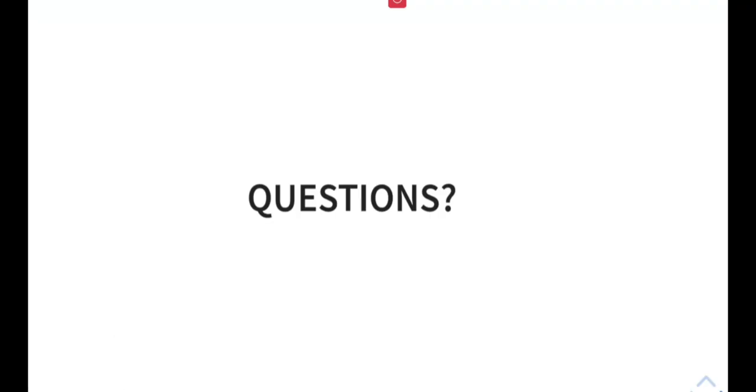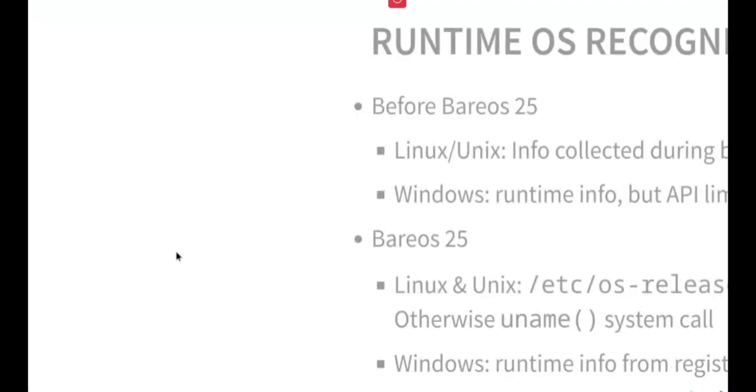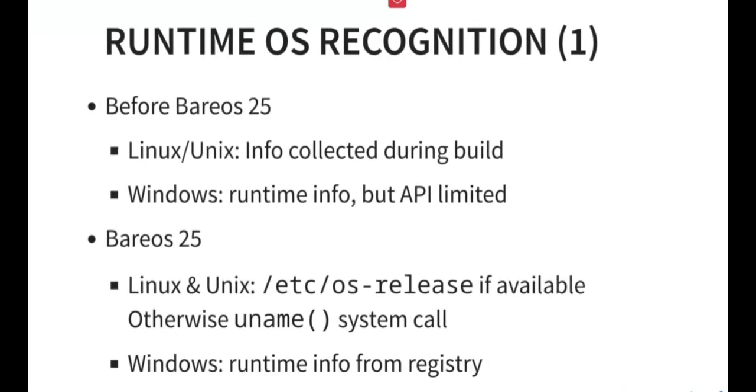Okay, Philipp, continue, please. Okay, I think it's only one thing left. What we also changed is, before, the information about the running operating system that we showed in the client, for example, was either collected during build, like a fixed string in the binaries, or on Windows we used runtime information.